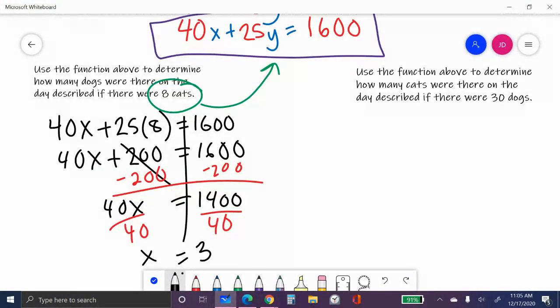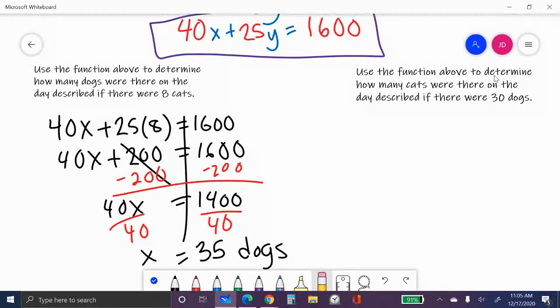So it's going to be 35 what? Dogs. X is the number of dogs. So if there are 8 cats, there's 35 dogs. All right.